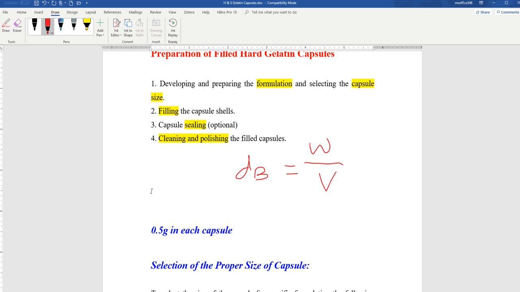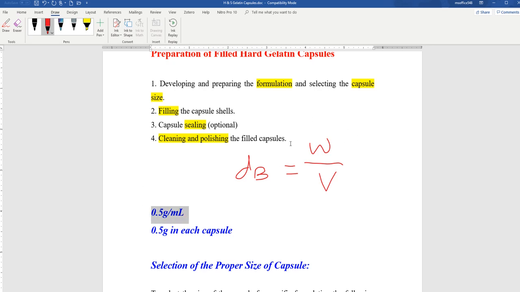Okay. And when you did this experiment to get the bulk density, you found that, let's say, the bulk density is 0.5 gram per ml.